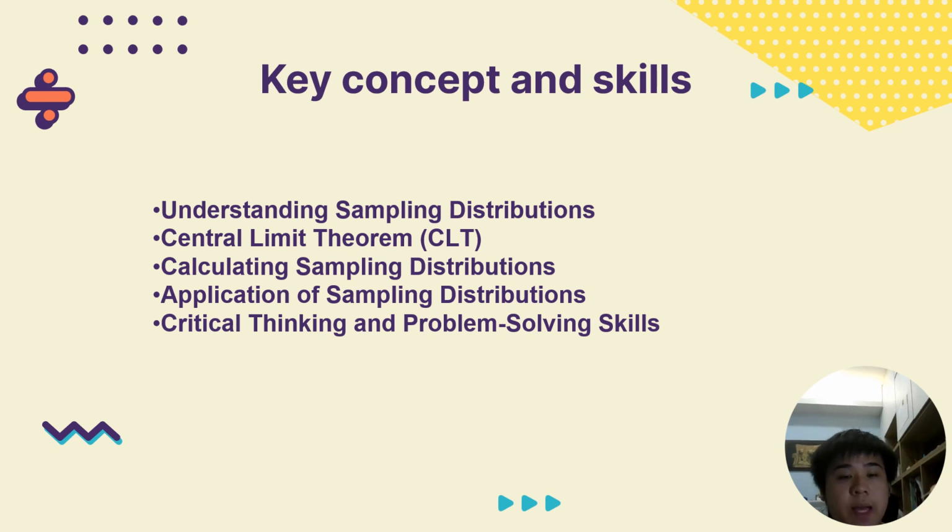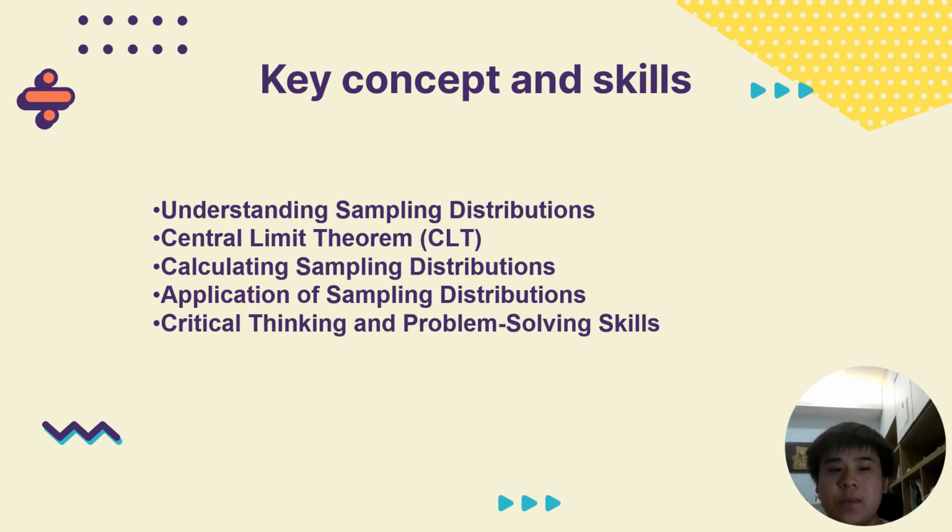So let's review the key concepts and skills. Understanding sampling distributions: you need to learn about the concept of sampling distributions, which represent the distribution of a sample statistic, like a mean or proportion, over repeated samples taken from the same population.